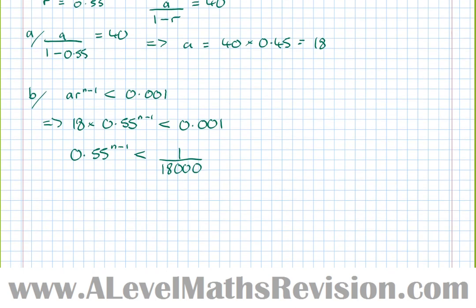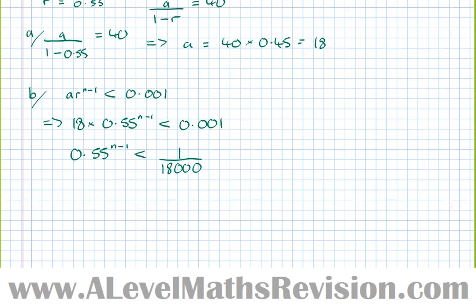And if we log both sides now, log base e, which is ln, ln of 0.55 to the n minus 1 is less than ln of 1 over 18,000.